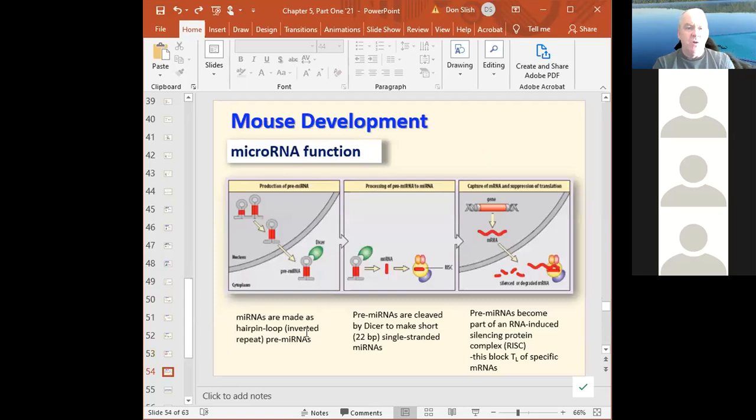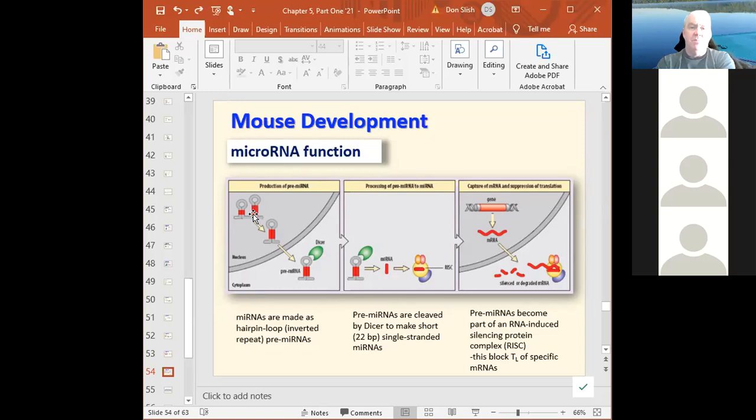Okay, so here's microRNAs. So I described this in the notes too, but microRNAs are transcribed as kind of a longer RNA, maybe 100 base pairs or so. And internal to the structure of that 100 RNAs are a couple of reverse repeats, kind of.